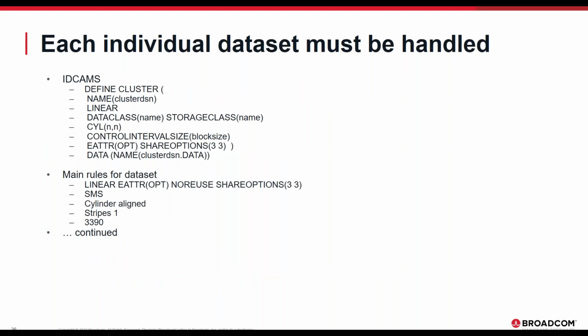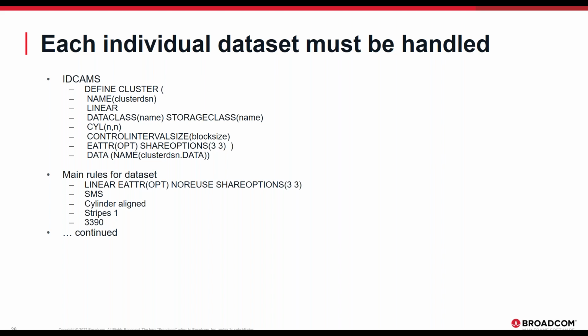So for each data set, you will define it. With EXCP, you normally did it in JCL. Here in VSAM, you can do JCL, maybe not all the options, but most people would use IDCAMS. You define a cluster with a cluster name, which is equivalent to what your old EXCP name was. It will be linear. You'll provide a data class and a storage class.